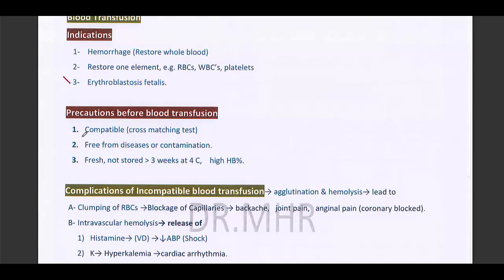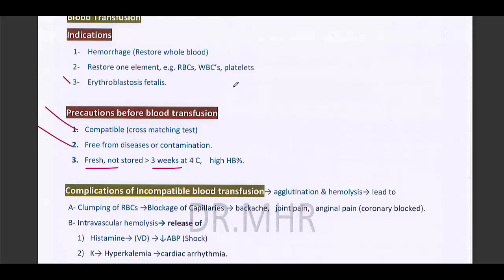Of course, the blood must be compatible and free from diseases and contamination. Thirdly, important, it must be fresh, not stored more than 3 weeks at 4 Celsius, and have a high hemoglobin.